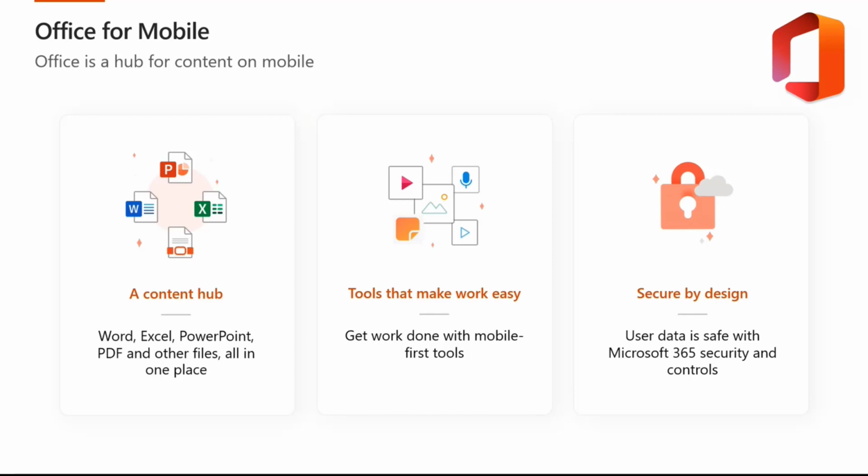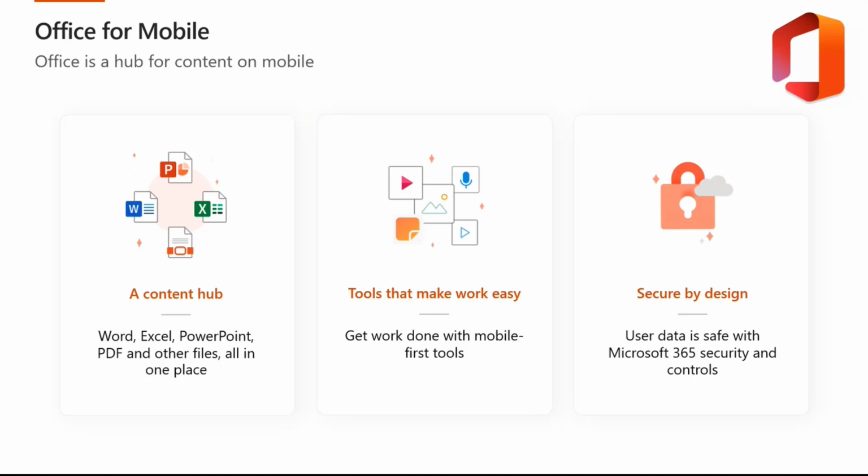Apart from just accessing the content and using the different functionalities available with the content, we also have a lot of actions related to PDFs and images, such as sharing, collating images, extracting text, and doing a lot of annotations on PDFs. All of those actions are available inside the Office app.